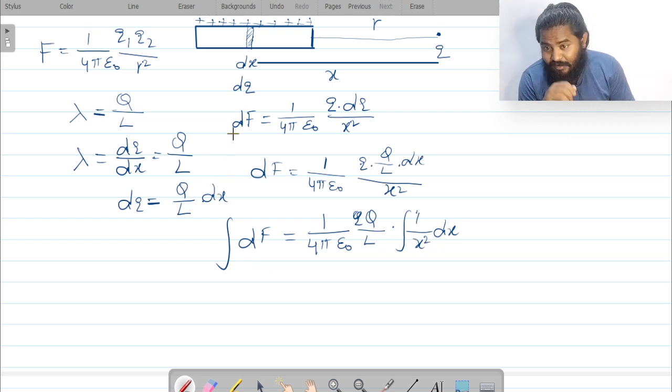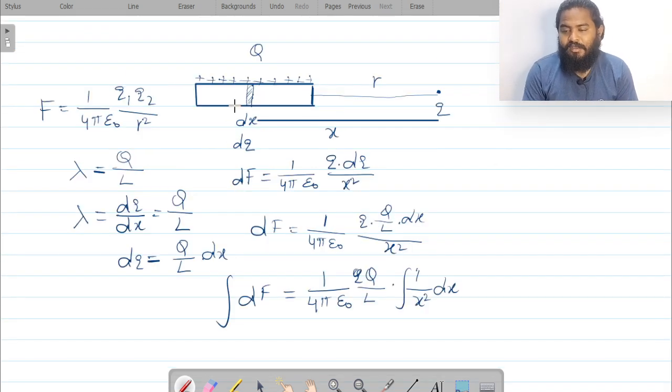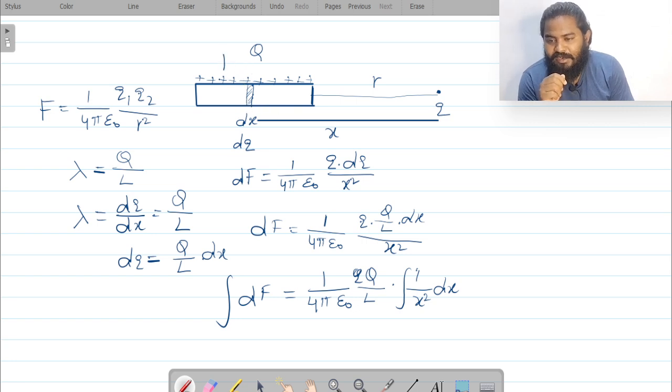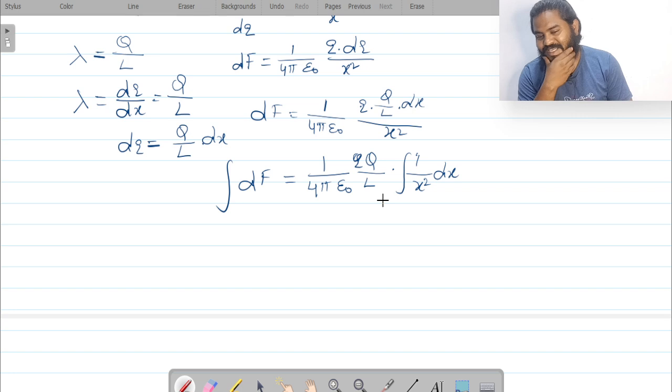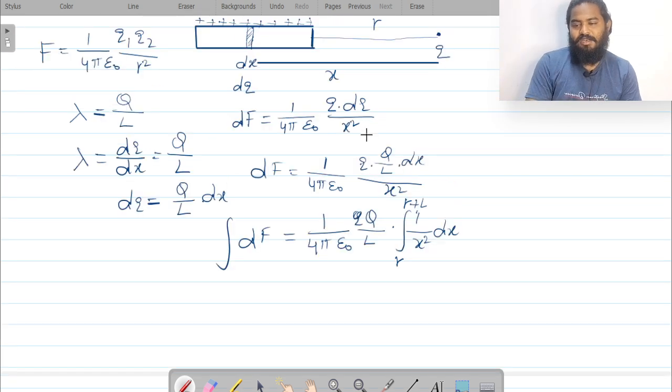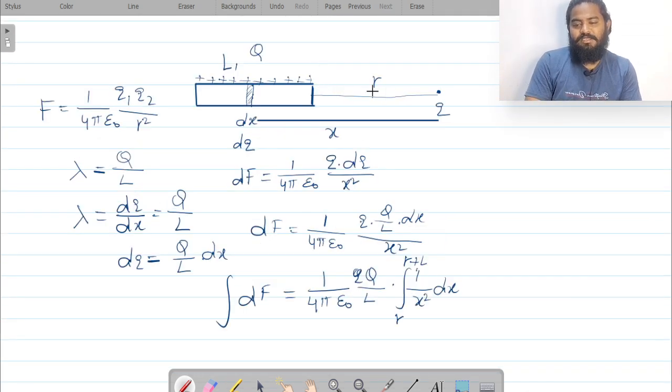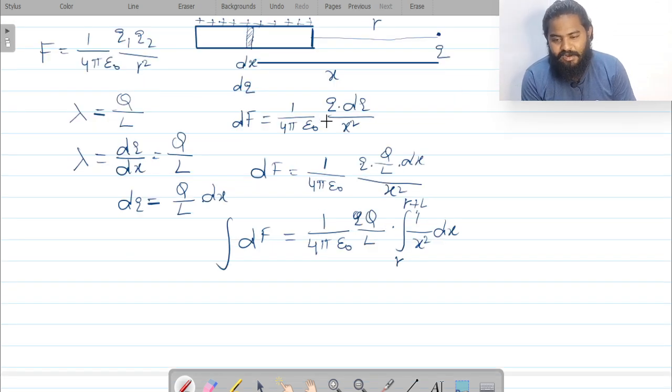As I told you, the length of the rod is L. So the rod starts at the distance of R and ends at the distance of R plus L. If you observe, these are the limits. The minimum distance is R and the maximum distance is R plus L. Clear? Now let's integrate it.